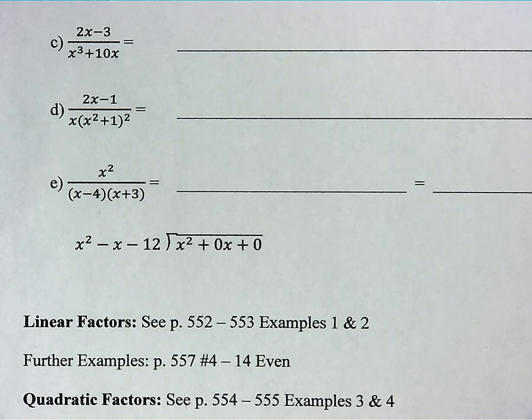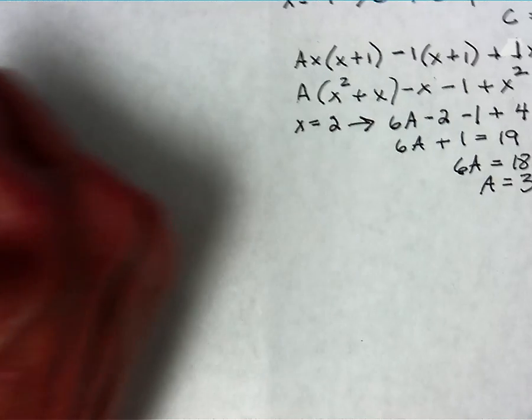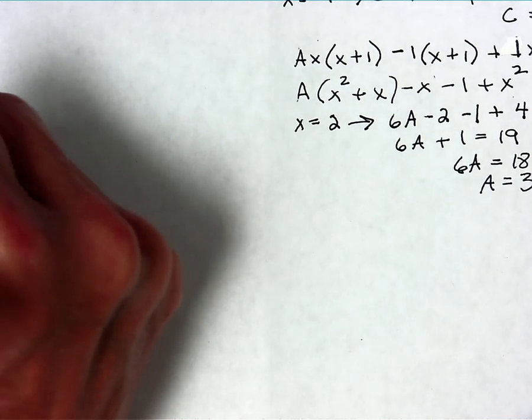All right, so let me see which even ones I wanted to do as an example. Number 16 is just interesting because it involves several of the integration tools that we know. Let's start with that one.